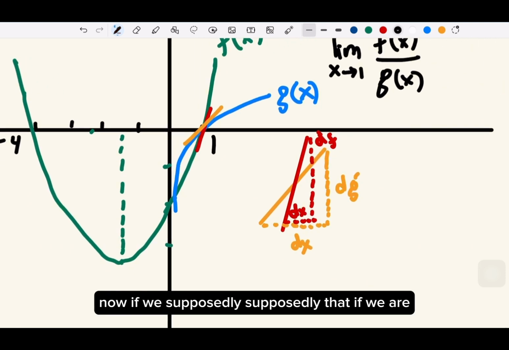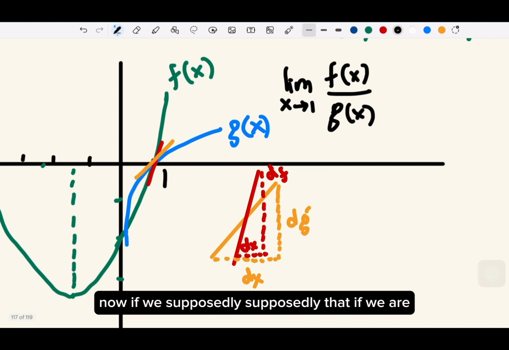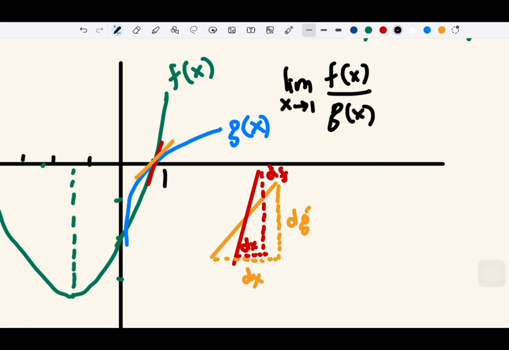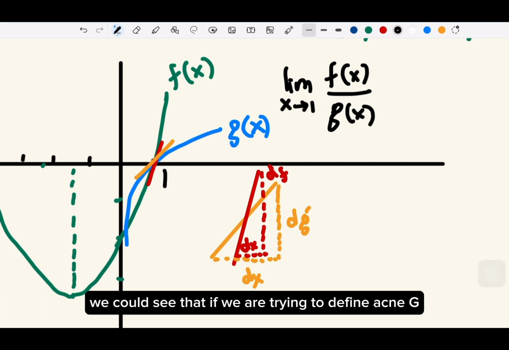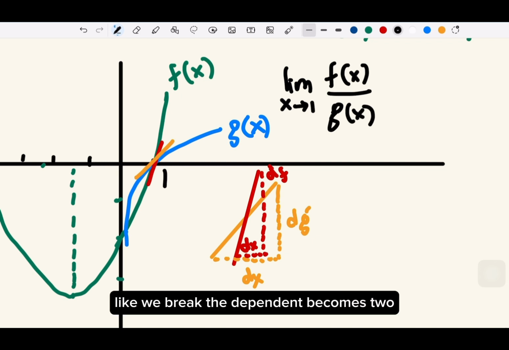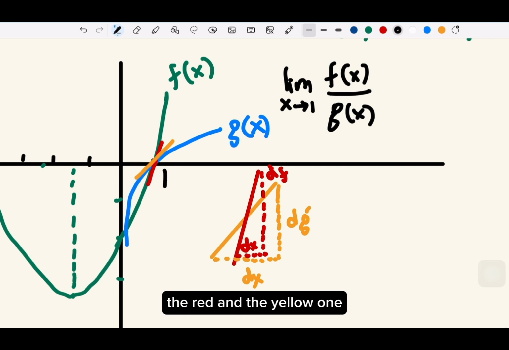Now, if we just observe this small area, we could see that if we are trying to define f with g, the ratio on that small area is the same as the ratio of the tangent. I hope you can clearly see this. It's actually two triangles, the red and the yellow one.